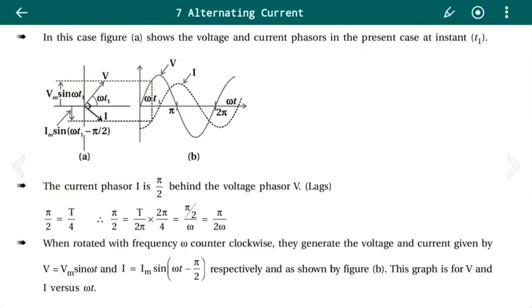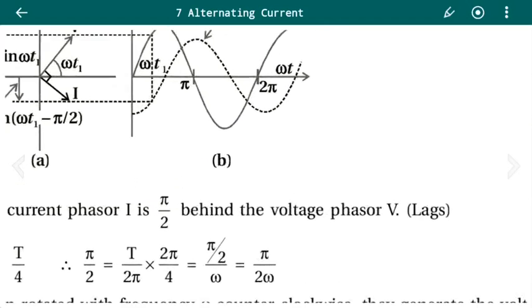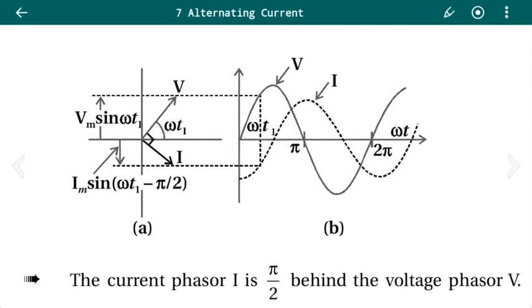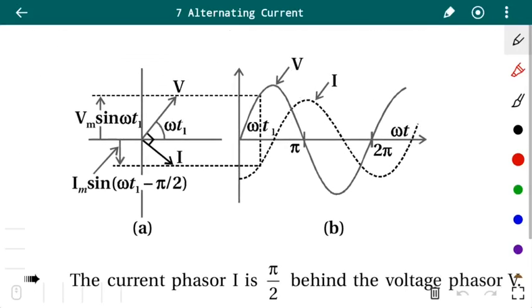As you can see, figure A is nothing but the phasor diagram. Here the voltage makes an angle omega t1 with respect to this axis.